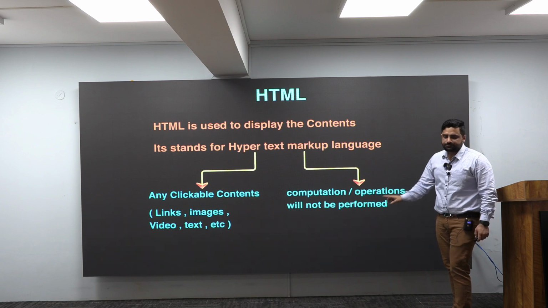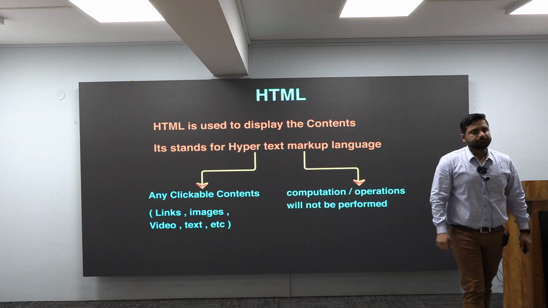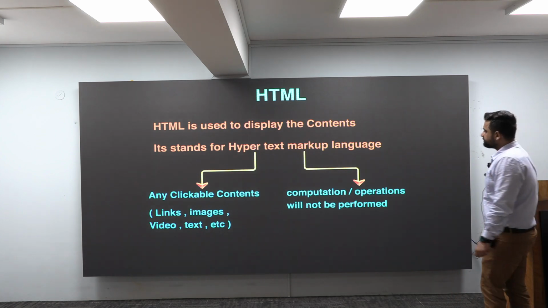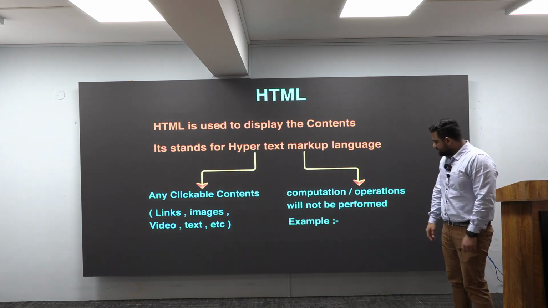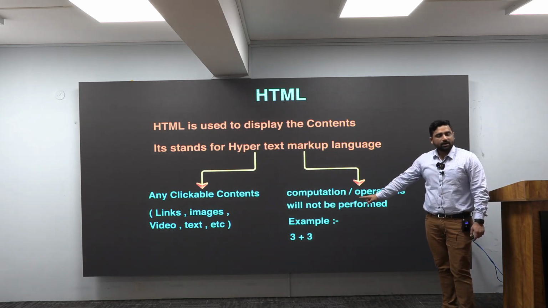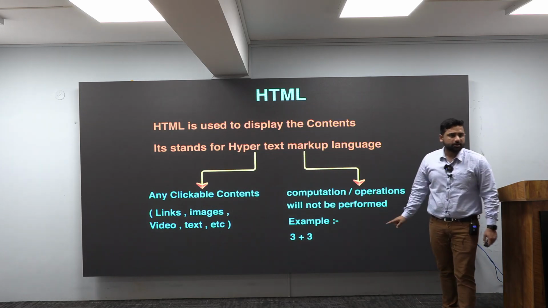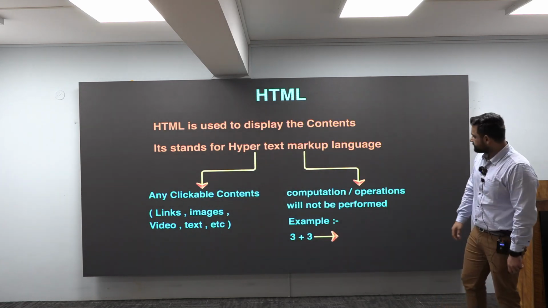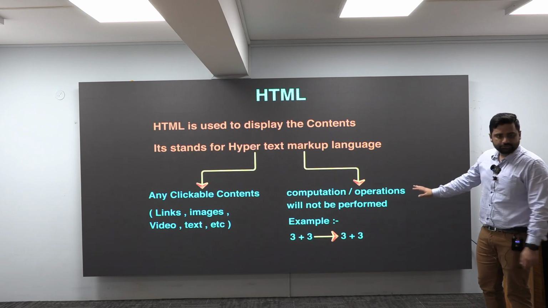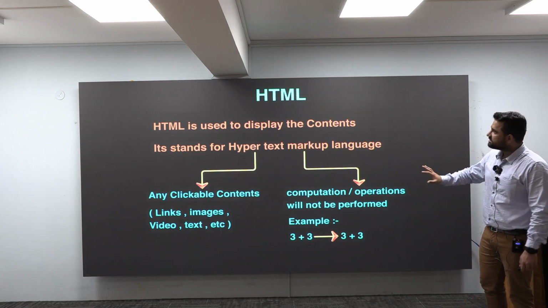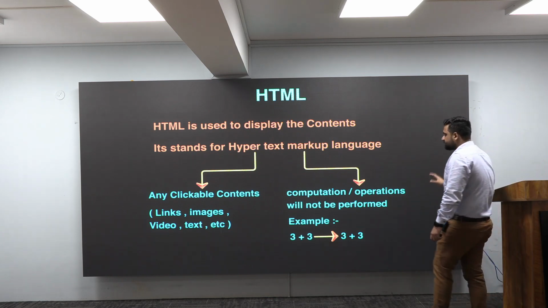Am I clear? For example, if we put 3 plus 3, what should the output be? 3 plus 3 only. That is what I am showing. It will not perform any kind of computation and logics. Same as it is, it will display.